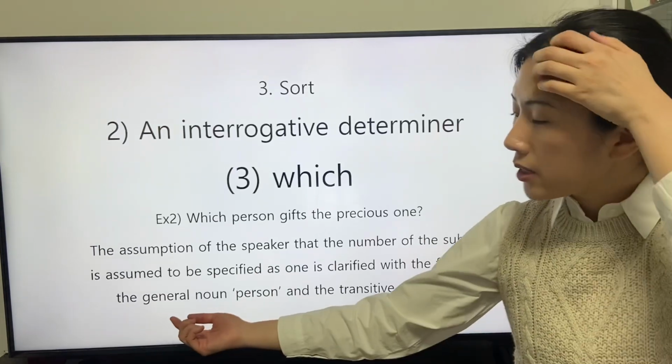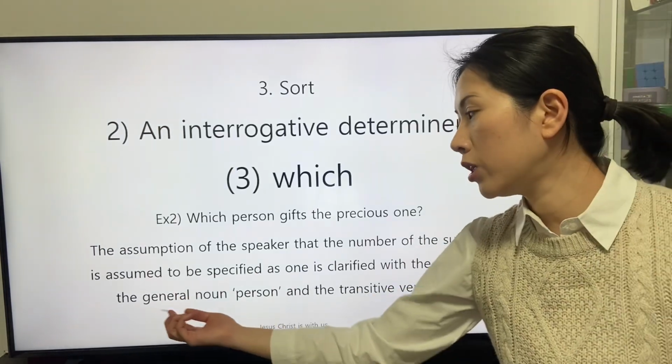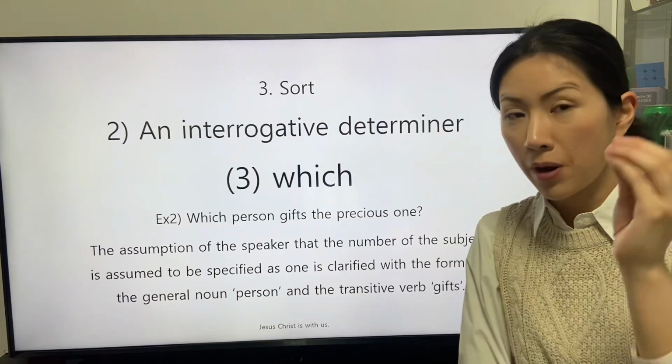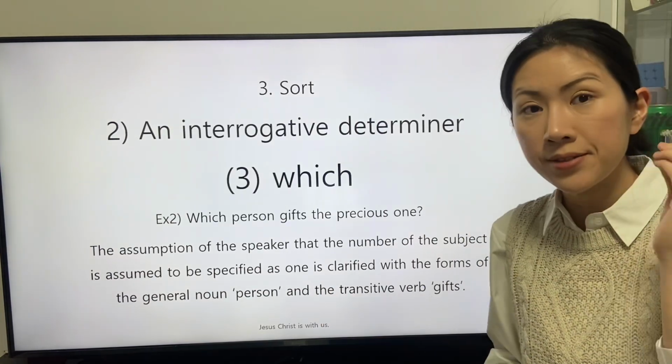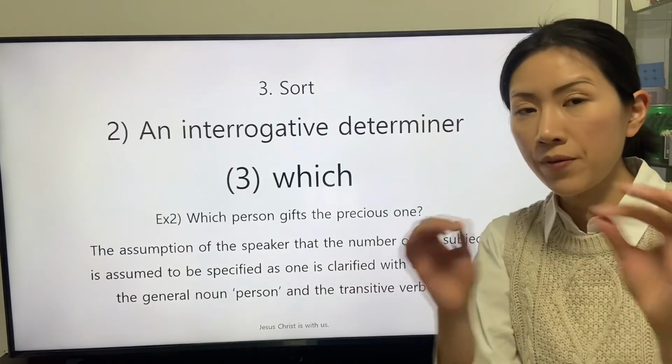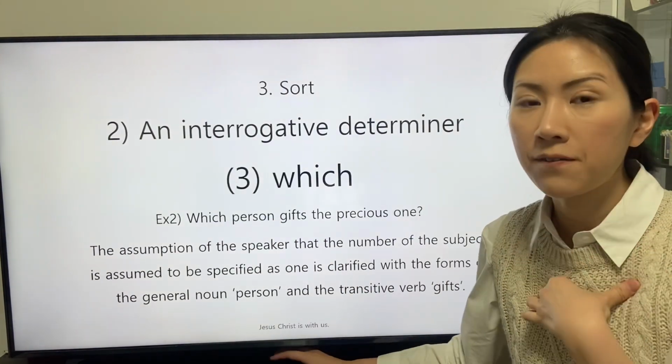So we can understand that the form of the general noun person reveals the premise of the speaker, and the form of the transitive verb gift also reveals the premise of the speaker.